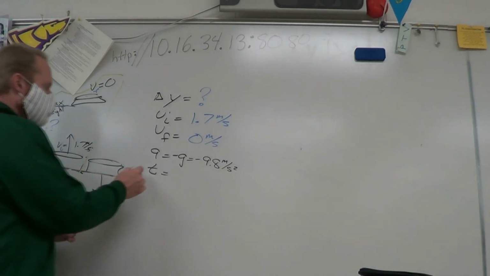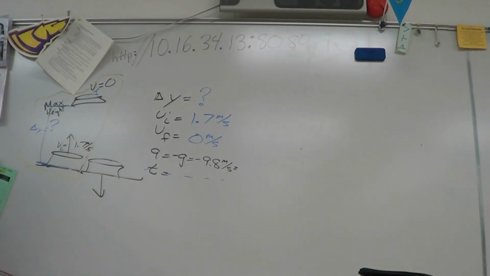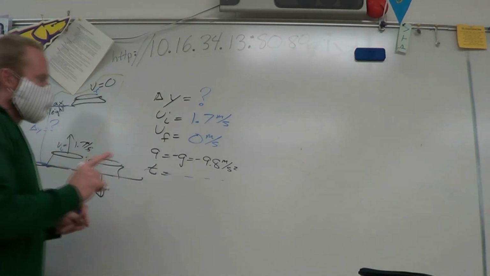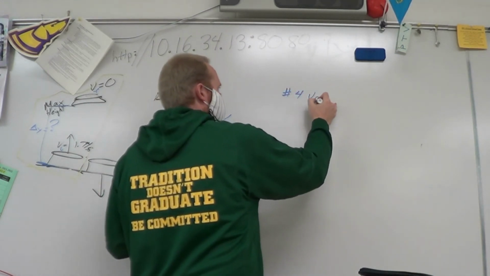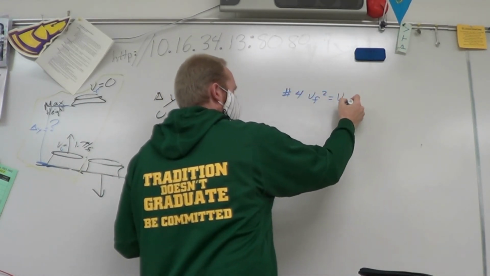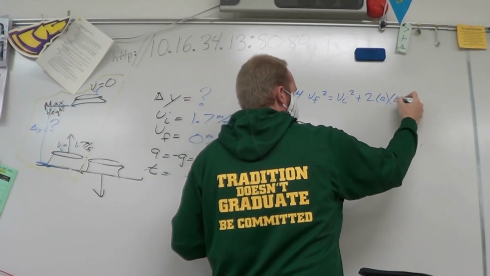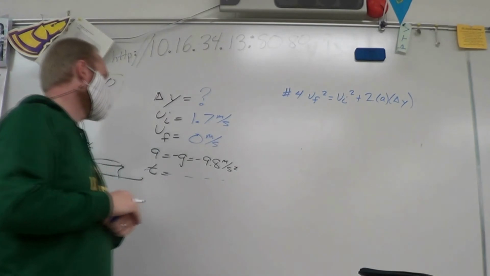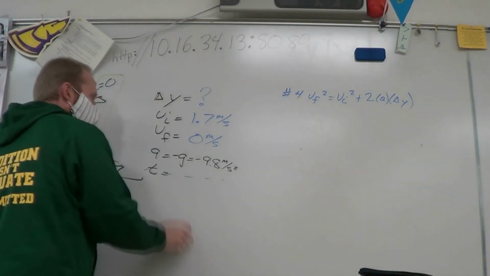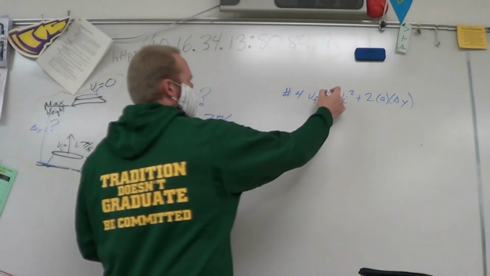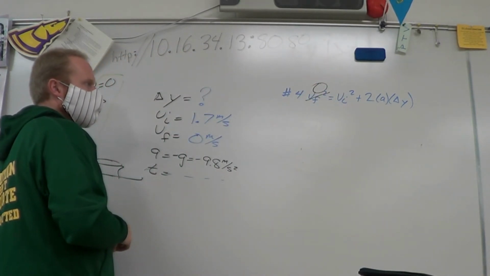I don't know time. I don't care about time. So I choose an equation that doesn't have time, and that's equation number 4. And it looks something like that. My final velocity is 0, so my 0 squared is going to be 0.